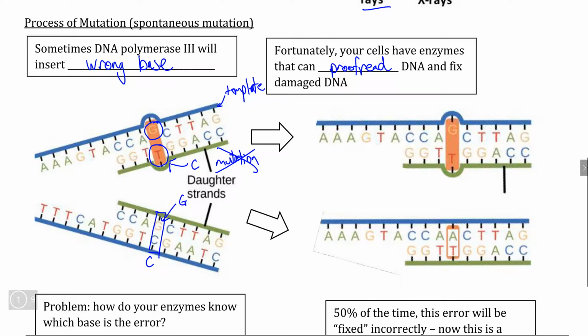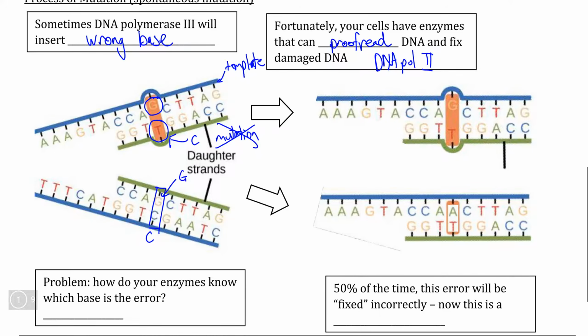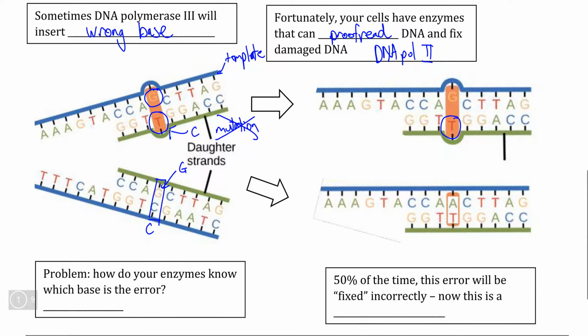So we've talked about DNA polymerase 3 and DNA polymerase 1. DNA polymerase 2 is actually a specific DNA polymerase molecule that has proofreading abilities, and one of those abilities is to detect when a wrong base has been inserted simply because the hydrogen bonding between bases doesn't line up the way that it's supposed to be.